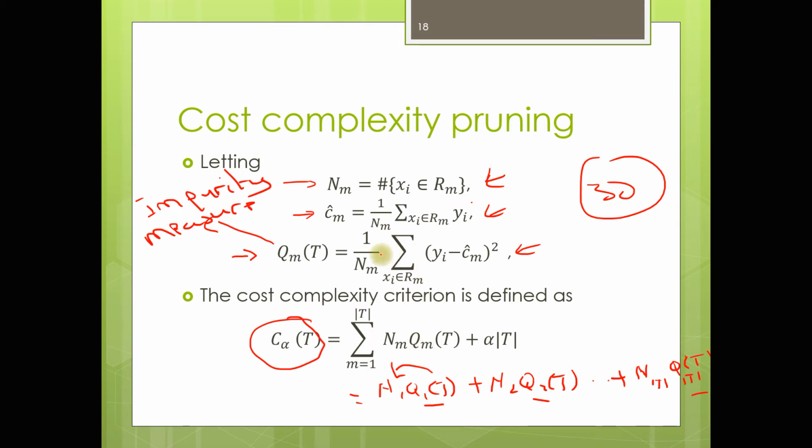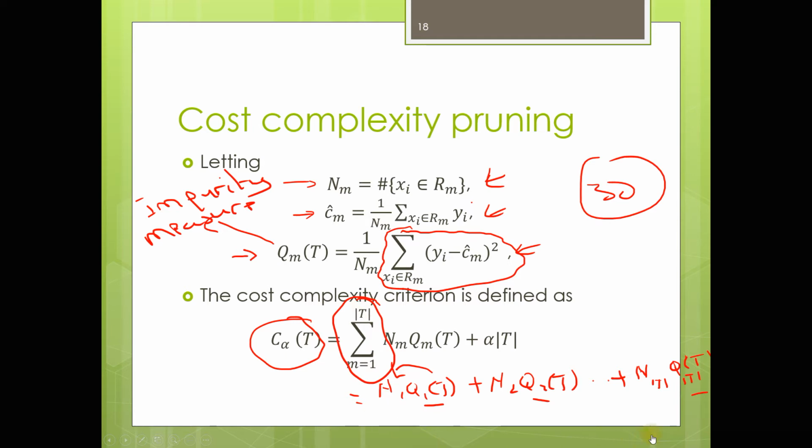So it's giving us this for each node, but a bigger sum is applied so that you are not referring to only one particular node, but summing all the nodes together.